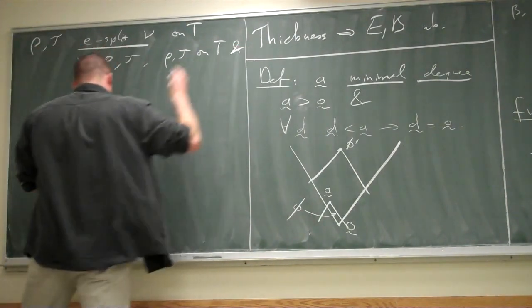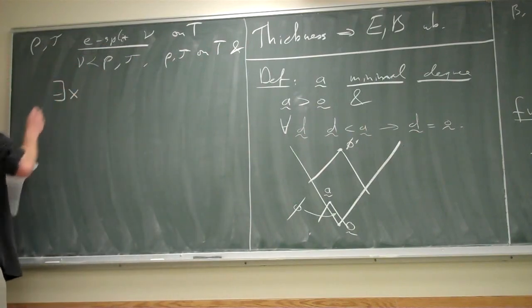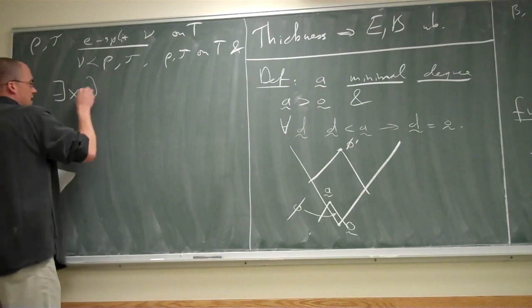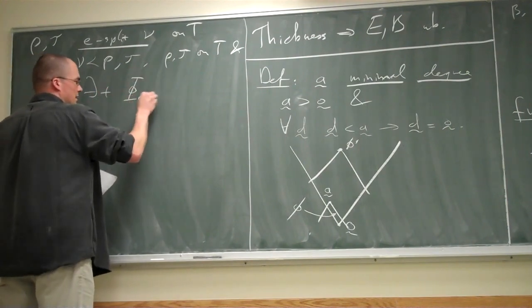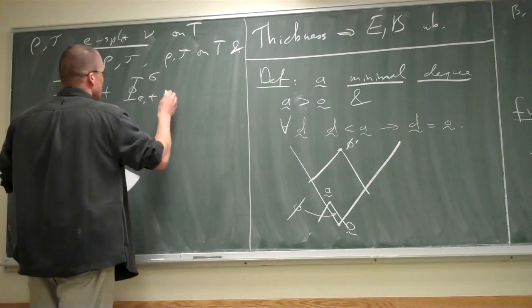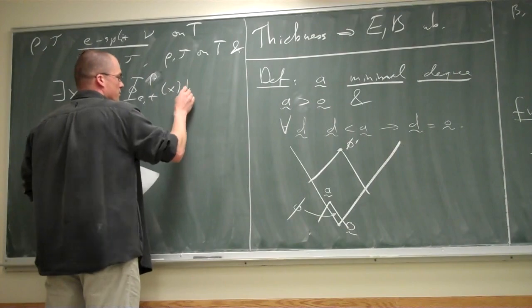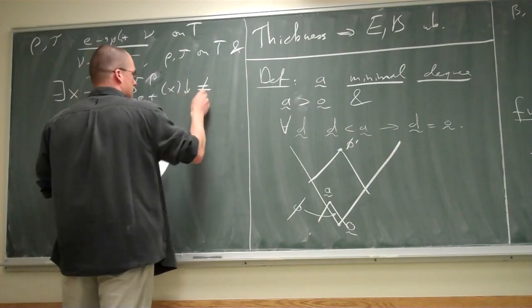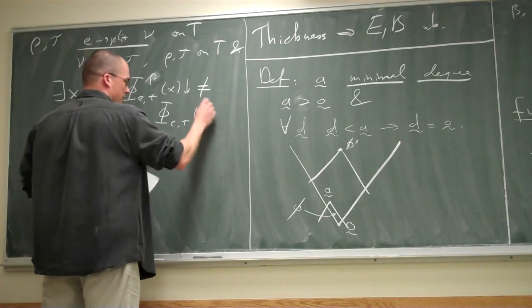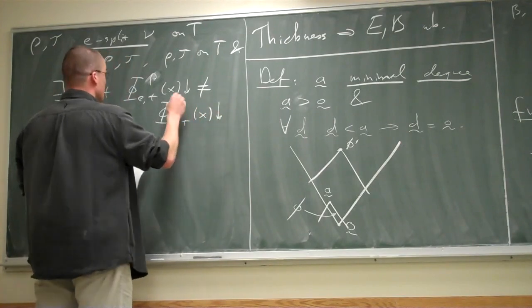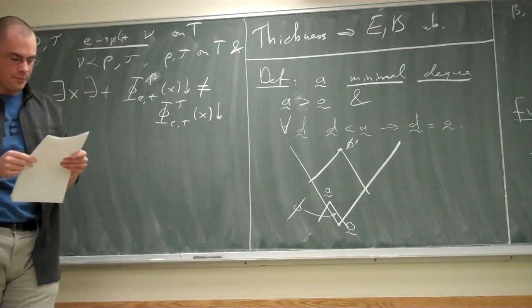So this happens, and now comes the interesting part. There exists an x and there exists a t such that phi e t of sigma of x converges and is different than phi e t of tau of x, which converges.